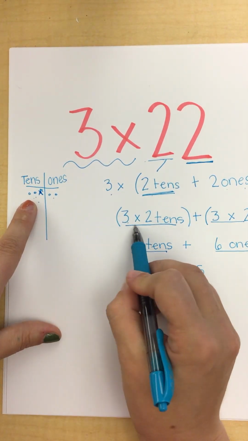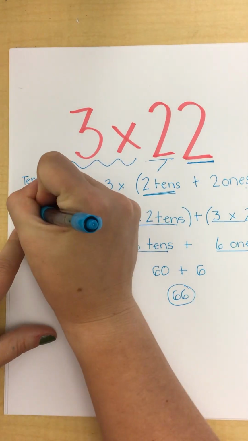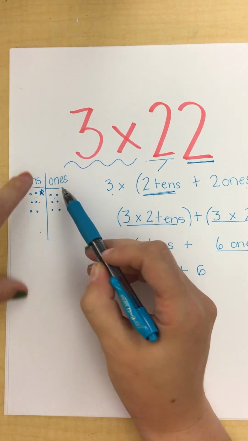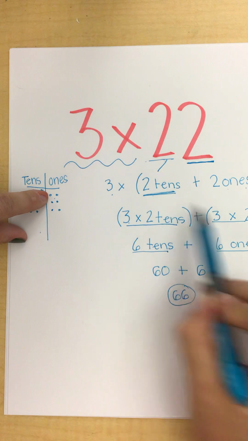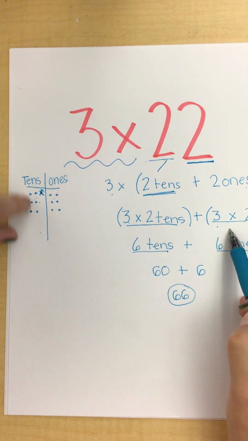And I'm going to do that 3 times. So I'm going to do 2 tens, 2 ones, 2 tens, 2 ones. So now I'm showing 3 groups of 2 tens, and I'm showing 3 groups of 2 ones. That's what this part is showing on our model.